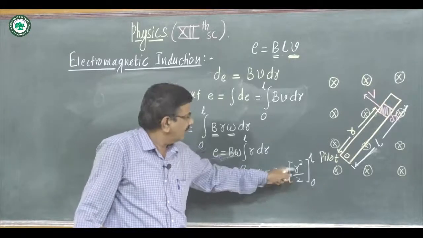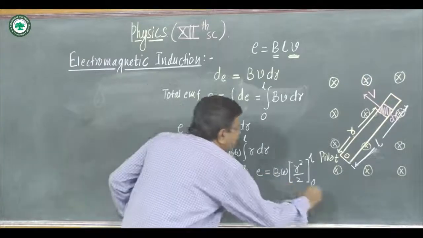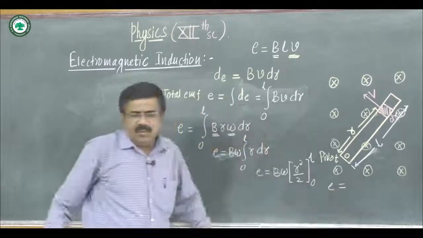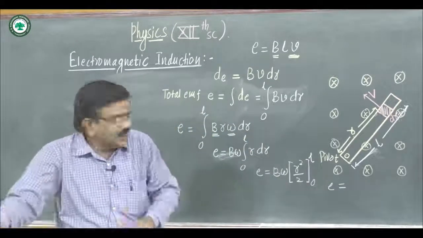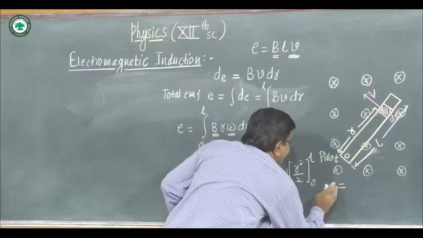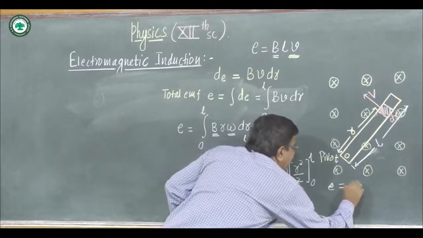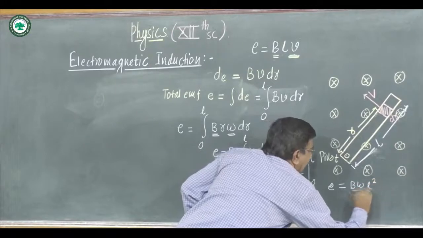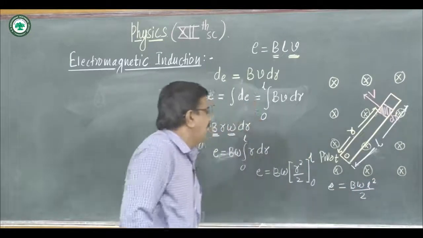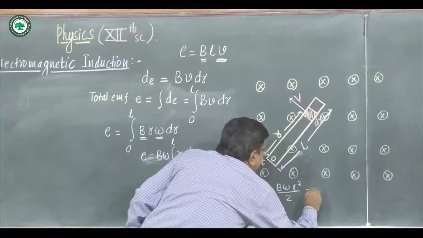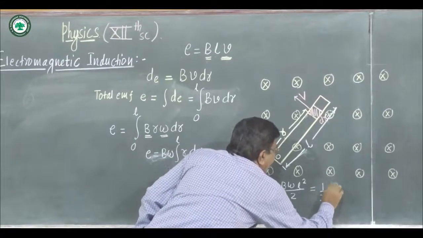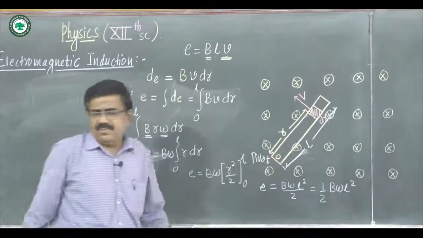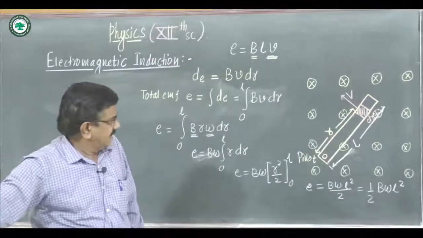As the lower limit is 0, E is equal to B omega L square upon 2, or one-half B omega L square.